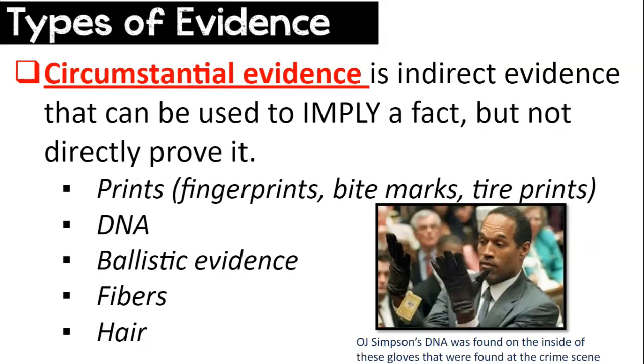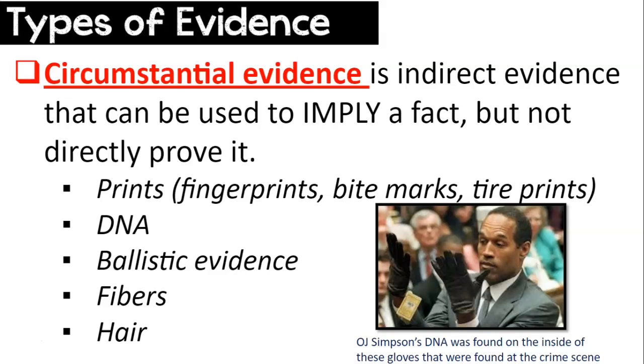Whereas on the flip side of that, circumstantial evidence is indirect evidence. So you can use it to imply something, but you can't directly prove it. And this goes for prints like bite marks, tire prints, fingerprints, DNA, ballistic evidence, fibers, and hair. So even with this, and I know what you're thinking, DNA, you can absolutely prove that it's somebody.